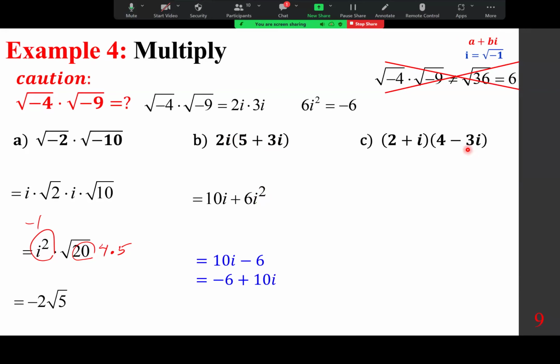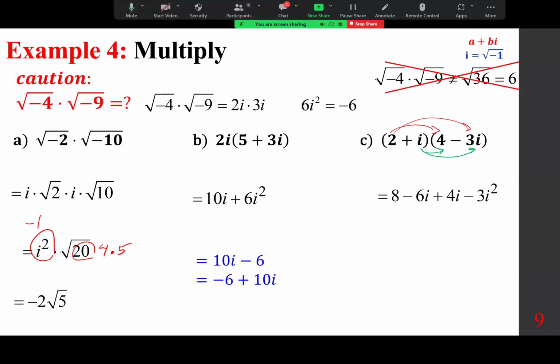We are going to distribute. So 2 times 4 gives us 8. 2 times negative 3i gives us negative 6i. i times 4 is plus 4i. i times negative 3i is minus 3i squared. So we're going to write all of those.